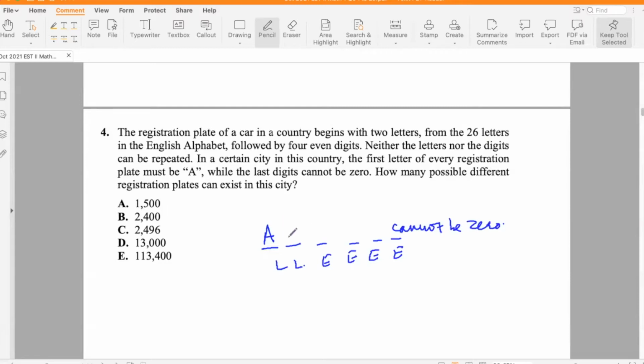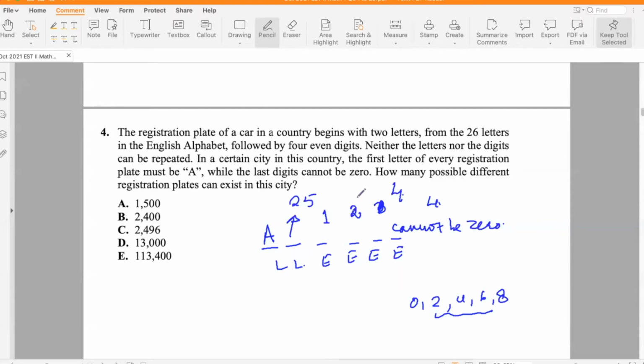The second letter can be any of the 25 remaining letters. The last digit, out of the even digits 0, 2, 4, 6, and 8, can be any of the 4: 2, 4, 6, or 8. Then the next can be any of the remaining 4, because now 0 is included.